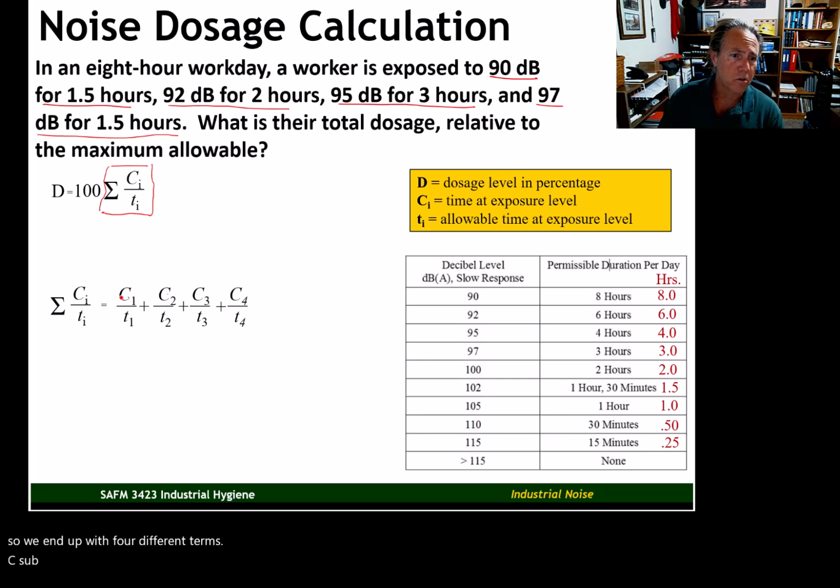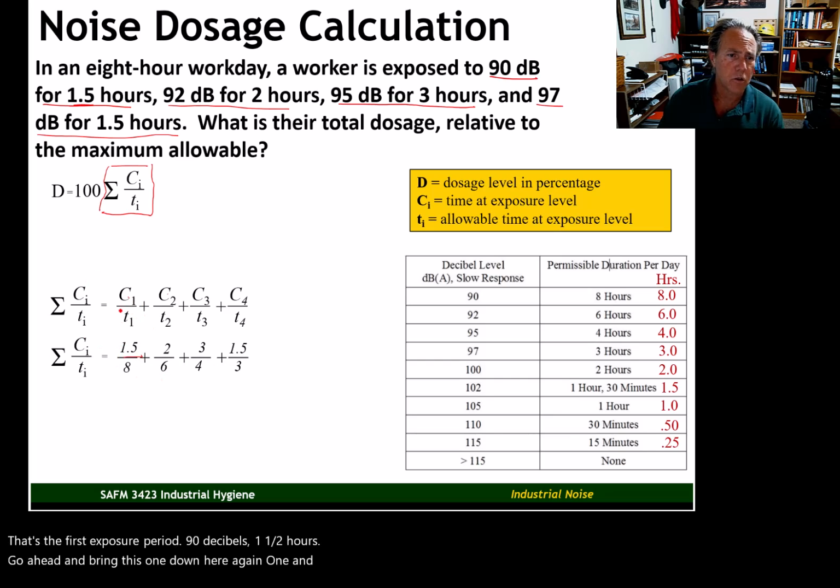C sub I or C sub 1, this term, this is going to be 1.5 hours. That's the first exposure period, 90 decibels, 1.5 hours. Go ahead and bring this one down here again. 1.5 hours is going to be C1. C1 corresponds to this first exposure period.